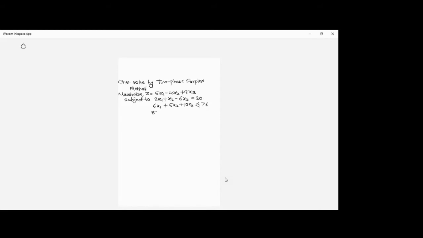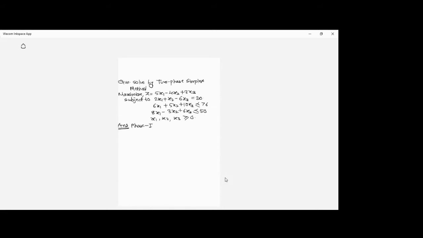We have 8x1 minus 3x2 plus 6x3 less than or equal to 50, and x1, x2, x3 greater than or equal to 0. I think the given numerical is in the standard LPP format, so we do not need to convert it. We are going to directly start with our phase one.